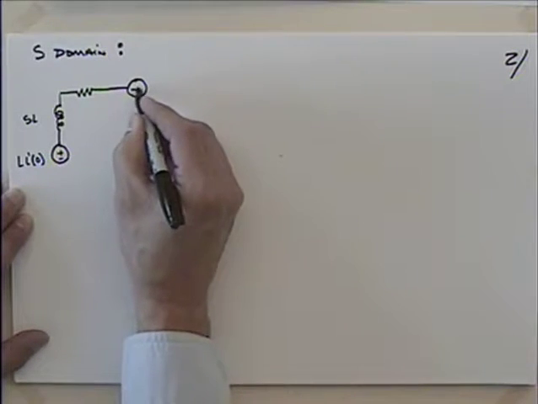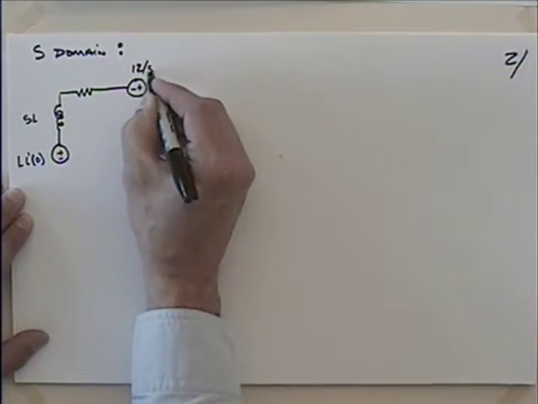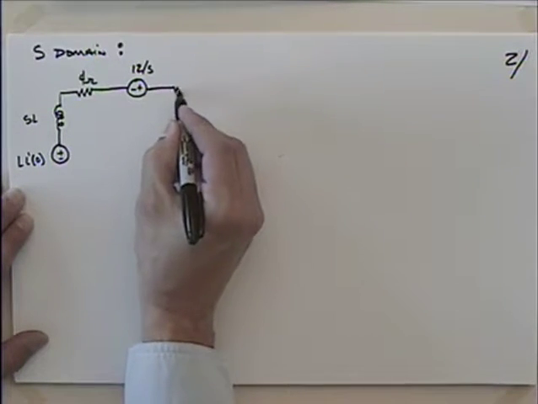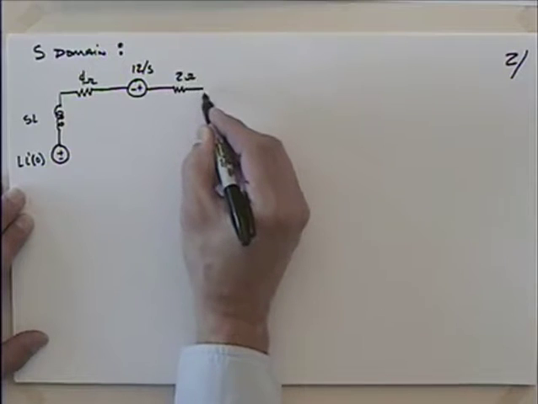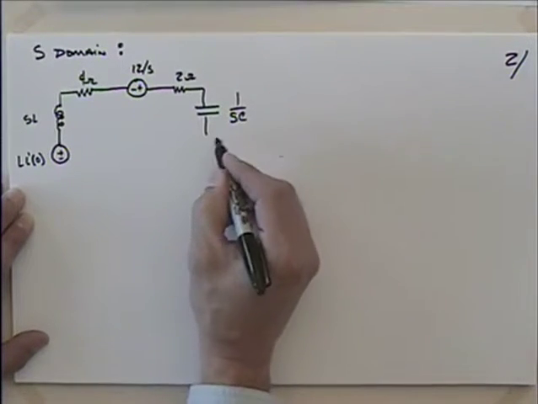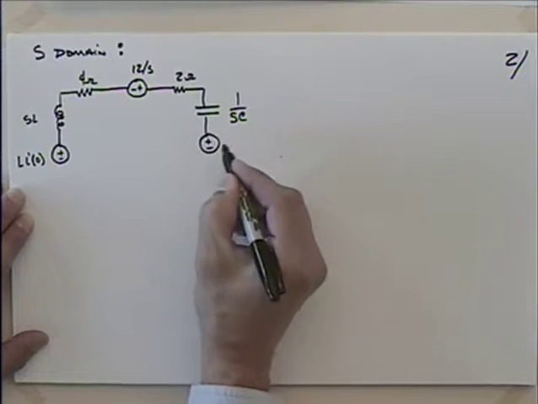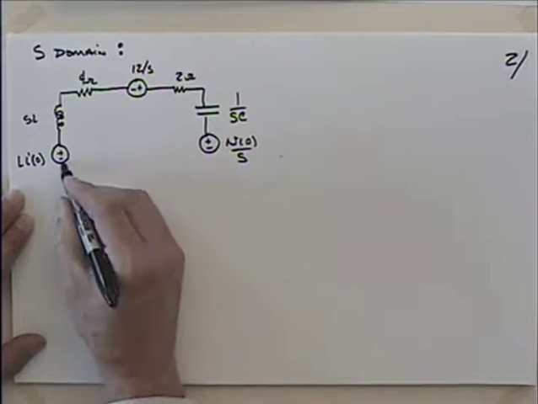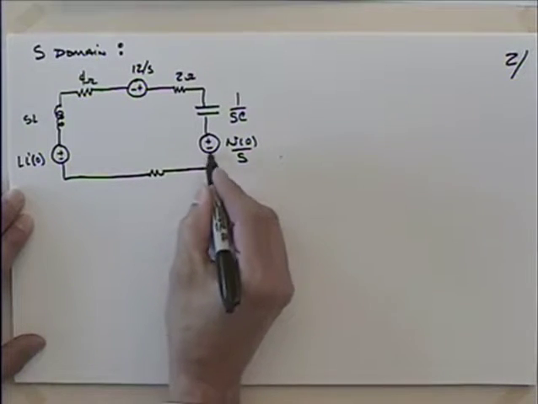The source, we have that 12 over S indicating the switch. 4 ohms there. Another resistor that stays the same. Then the capacitor, that's 1 over S times C, and then it has a voltage source that is V0 over S. I have the 4 ohm resistor down here.